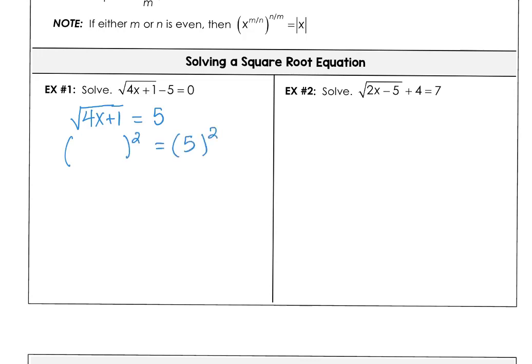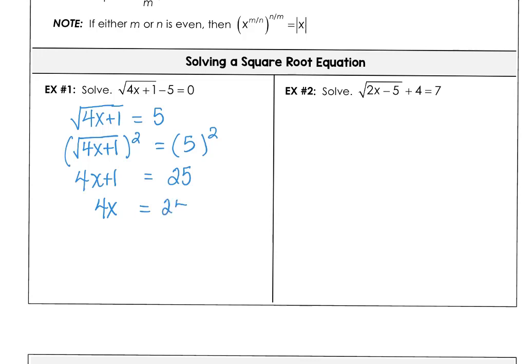So 5 squared will be 25. And the square root of 4x plus 1 quantity squared is going to get 4x plus 1 out from the radical. So the half power and the power 2 undo each other. They're inverse operations.